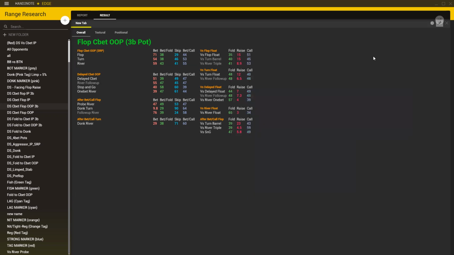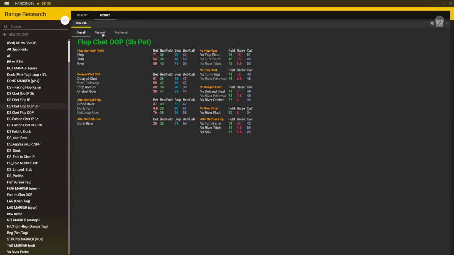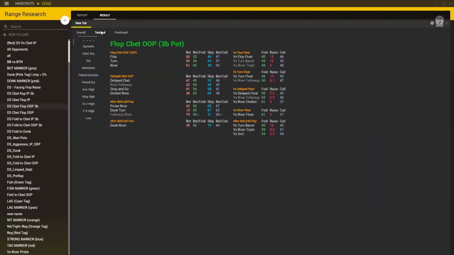Okay, so if you don't want to fire those, at the very least we need some kind of good backdoor equity type hand. Having said that, the thing that's really going to make or break this now is going to be the texture. And you'll see that there's actually a range of different results we get depending on texture.